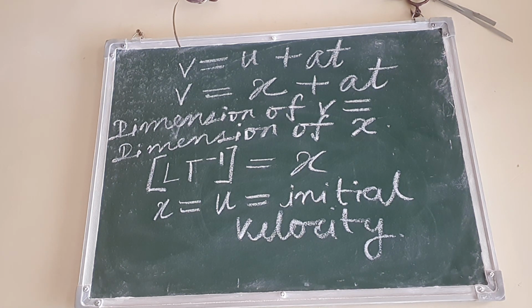Equating, it becomes L T raised to power minus 1. That is the dimension of x, which corresponds to velocity, and according to this equation it is the initial velocity u, having the dimension L T raised to power minus 1.